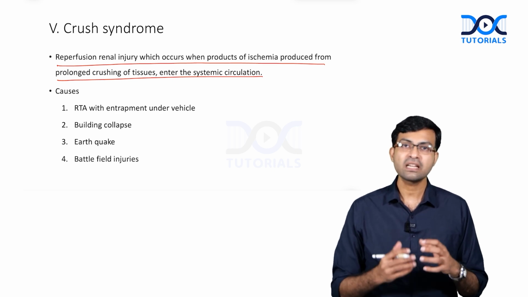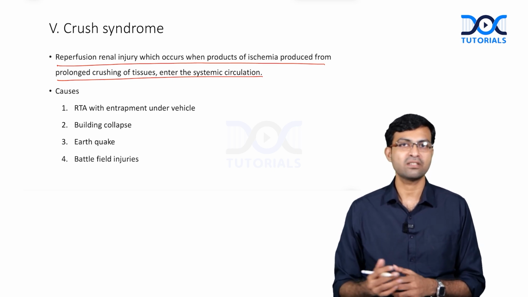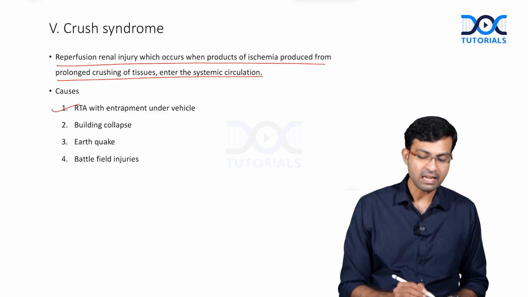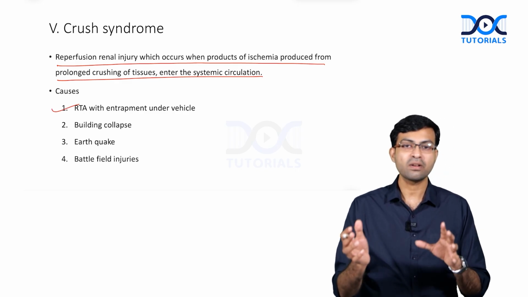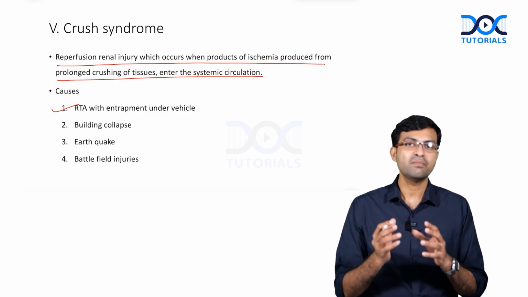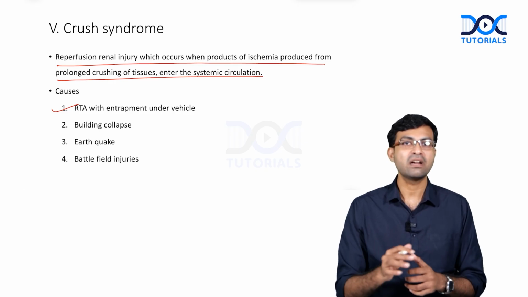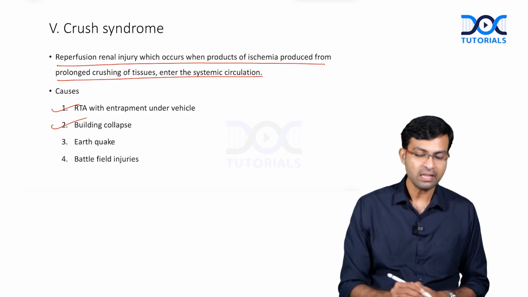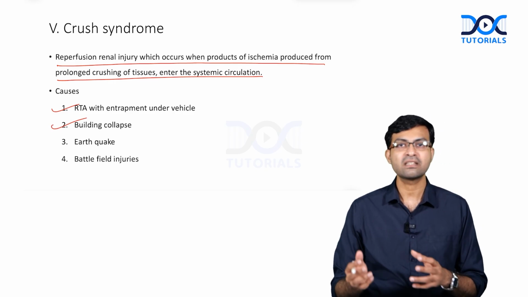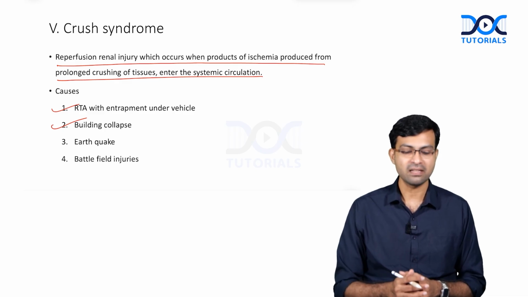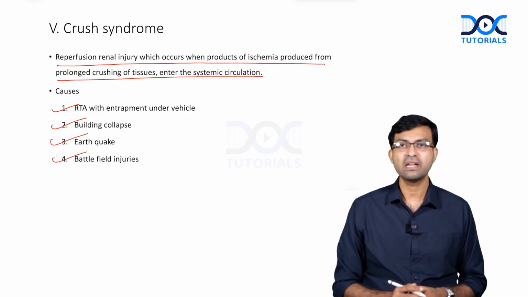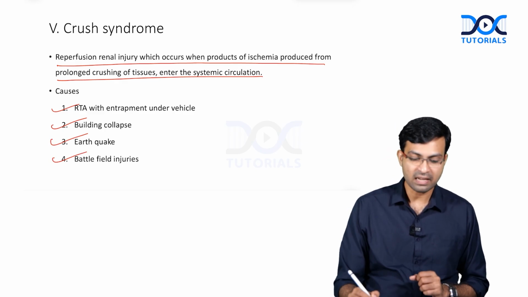So which are the conditions in which you could get crush syndrome? For example, an RTA where the patient's arm or leg gets trapped under the vehicle, or a building collapse where the patient gets trapped under the building materials. Then in earthquakes and battlefield injuries, these are the conditions where you can get crush syndrome.